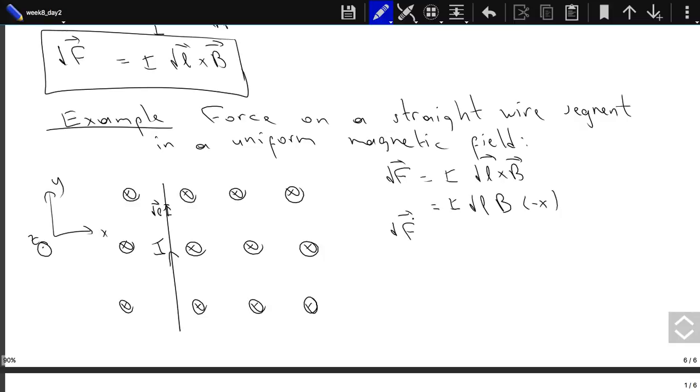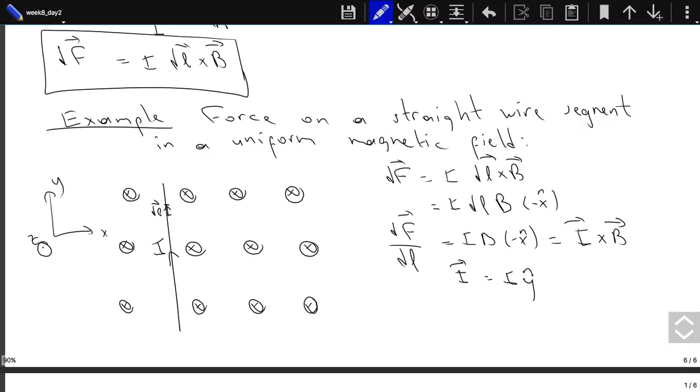The force per unit length, dF over dl, is nothing but I times B in the minus x direction. We can even write this in vector form if we define such a vector.